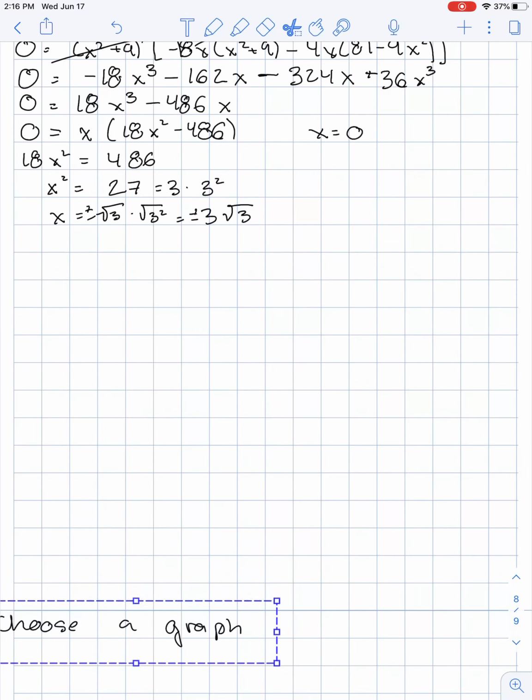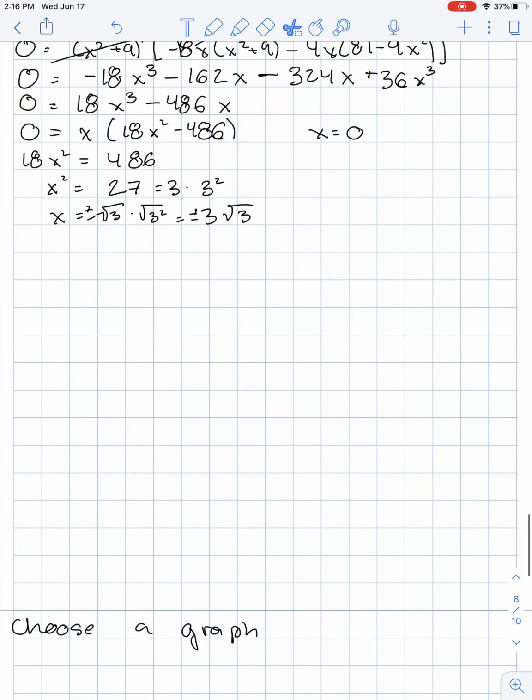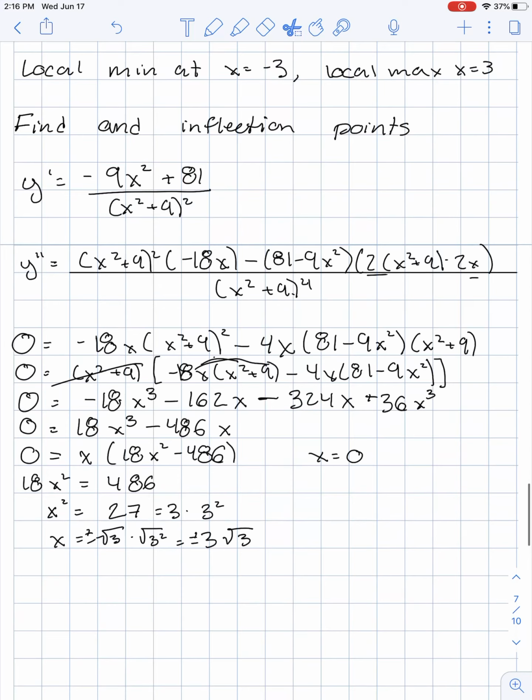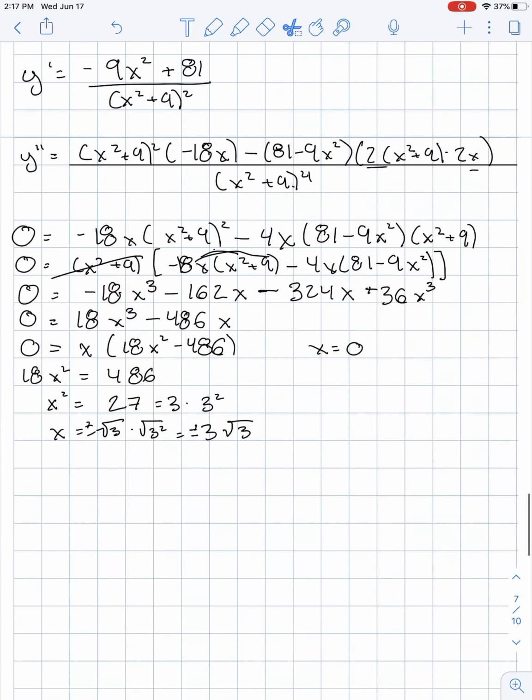Now we need to test them. I can rewrite y double prime. We're going to say that it is equal to, so this whole part, I'm just simplifying it right here, all the way down to right here.